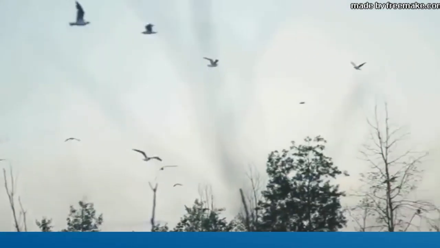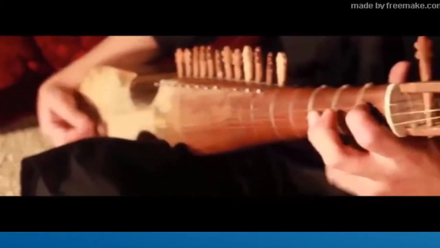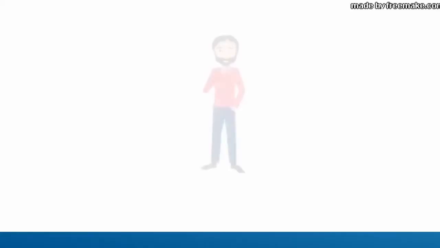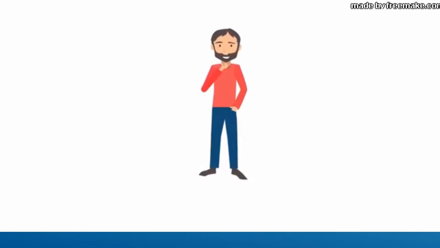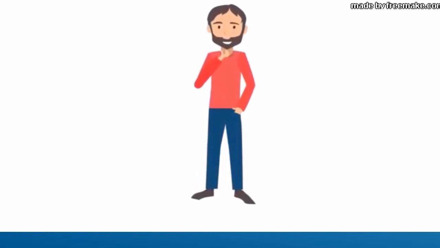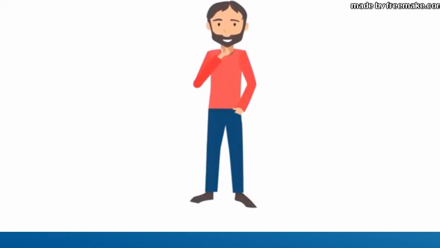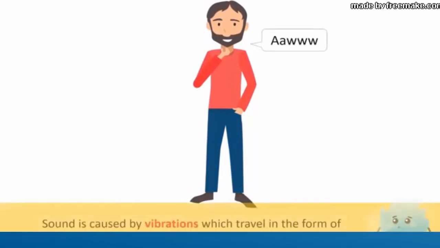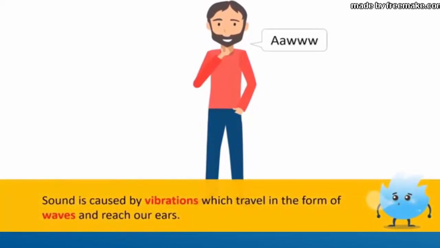Sound is produced when the strings on a rhubab vibrate. Sound is produced when our vocal cords vibrate. You can feel this yourself if you hold your hand against your throat and say, ah. In short, sound is caused by vibrations which travel in the form of waves and reach our ears.